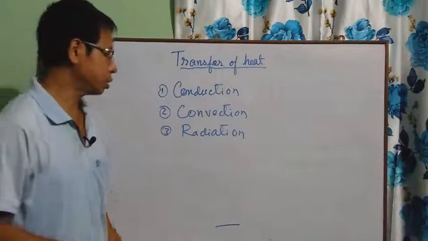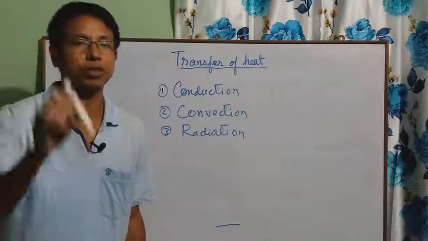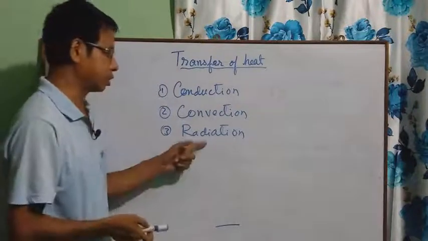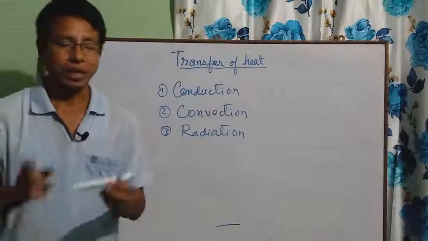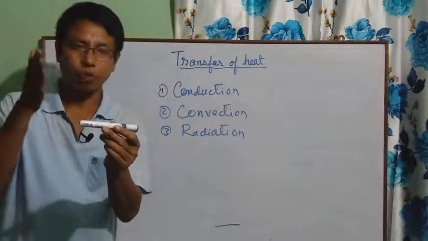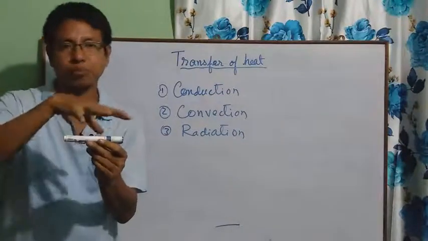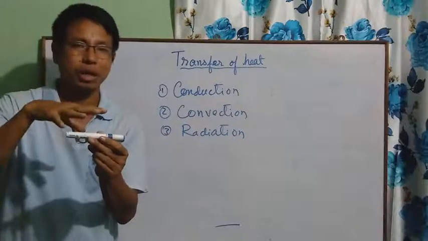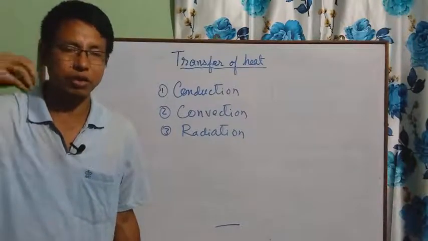The other one is radiation. Radiation is like the book that I have thrown directly to the student. The heat is directly transferred from the hotter area to the colder area where no medium is needed. An example is the heat or sunlight coming from the sun and reaching the earth.